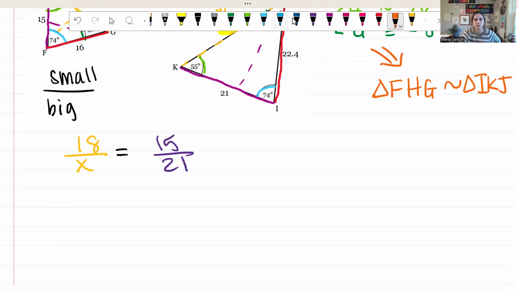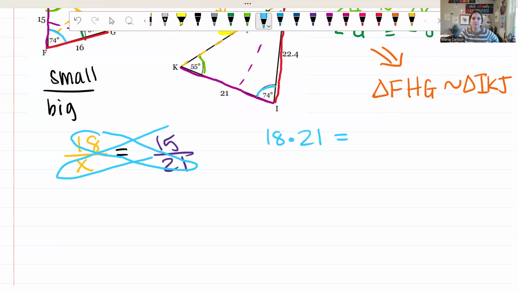Now I can solve for X. So I'm going to cross multiply here. We're going to multiply 18 times 21, and we're going to set that equal to X times 15, which is just 15X. Now 18 times 21 is going to be 378.